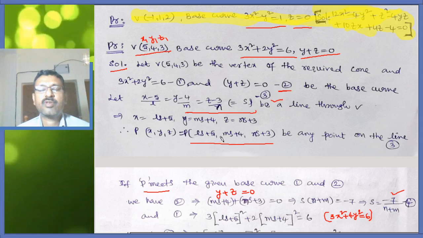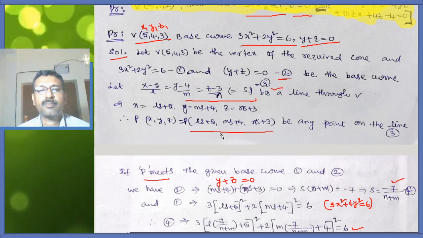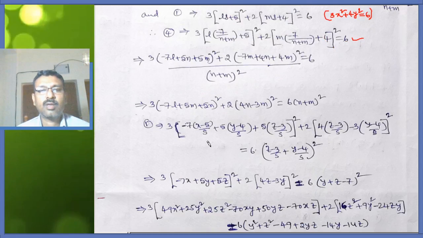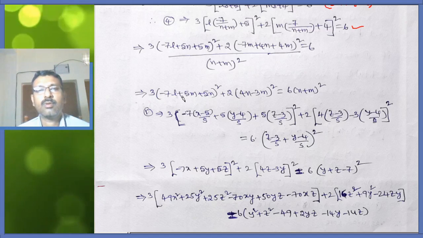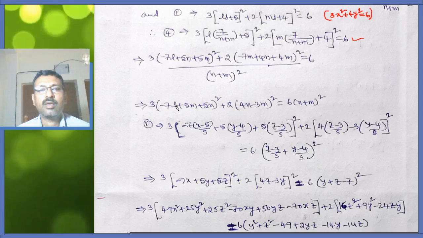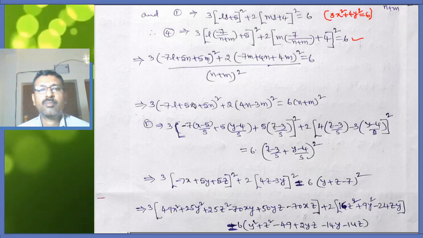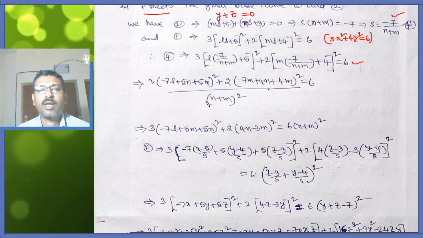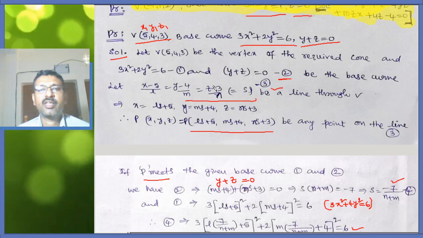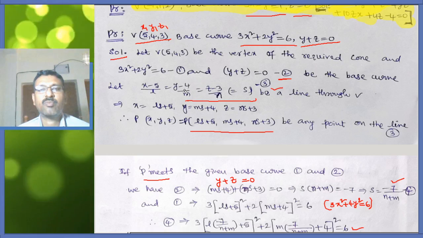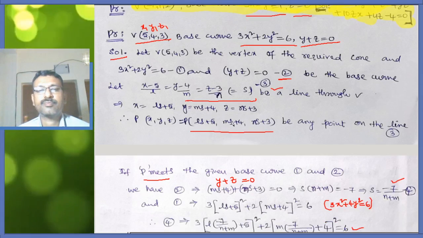With the help of equation 3, I eliminate L, M, N. Here I have L, M and N. I write L equal to x minus 5 by s, M equal to y minus 4 by s, and n equal to z minus 3 by s.